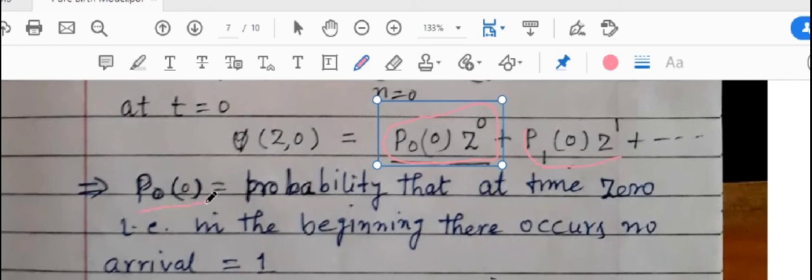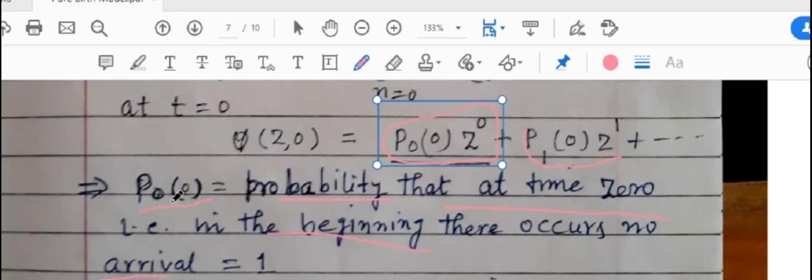P0(0) is what? This is the probability that at time 0, that is in the beginning, there occurs no arrival. It is 100% sure that in the beginning there is no arrival. So the probability of this certain statement is always 1.